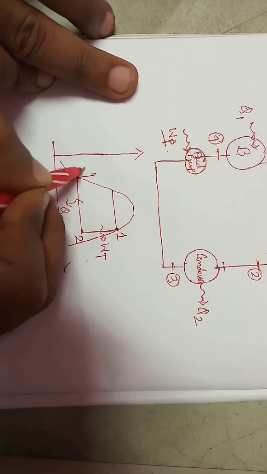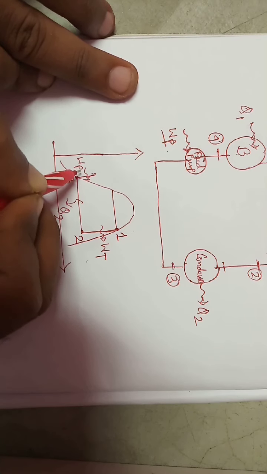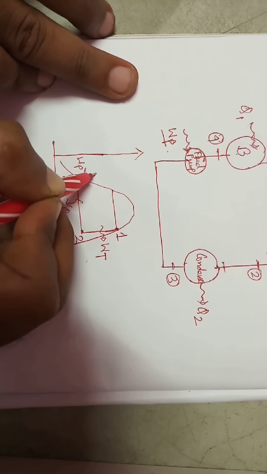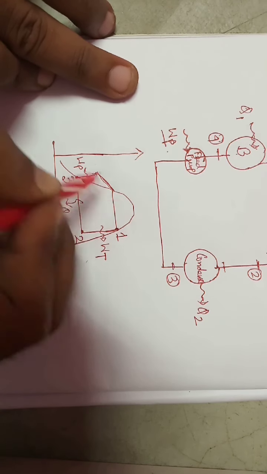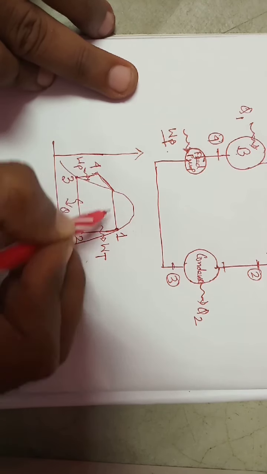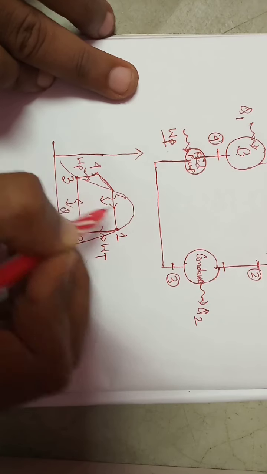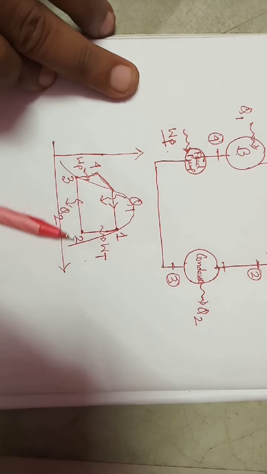In the pump, WP amount of work is done to the system, and ultimately it's here, 3 to 4. The 4 to 1 portion is the boiler portion, where Q1 heat is added.